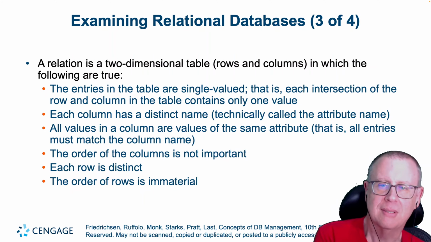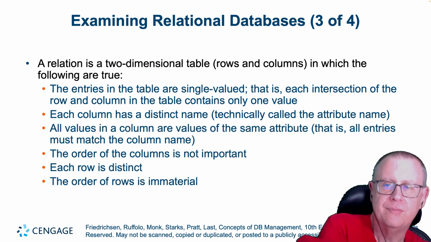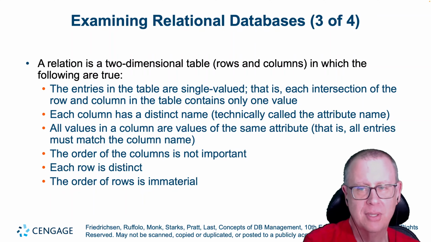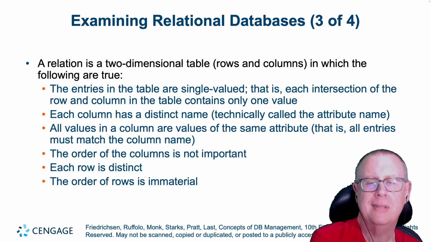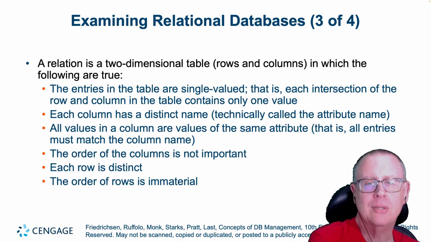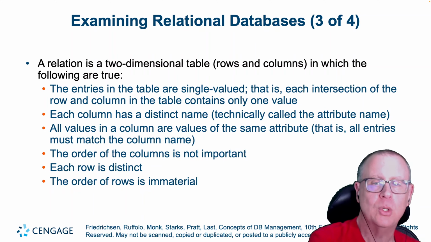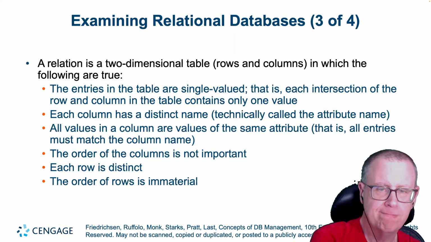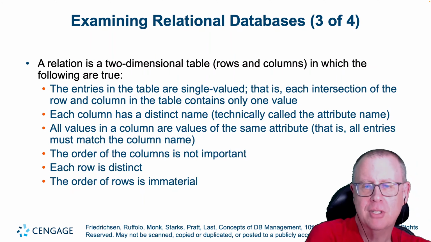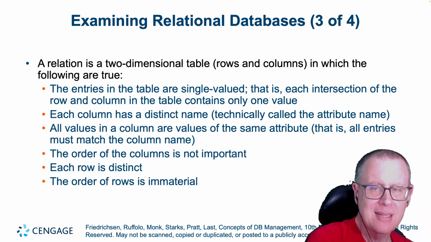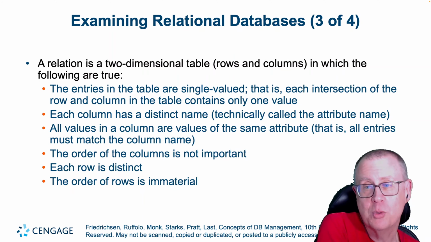Each column has a distinct name. All the values in a column are values of the same attribute. That is, they must match the name of that column. If it's street name, then all of those entries in that column should be street names. The order of the columns doesn't matter. You can add or move them around, it doesn't really matter. Each row should be distinct, and again the order of the rows doesn't matter either.